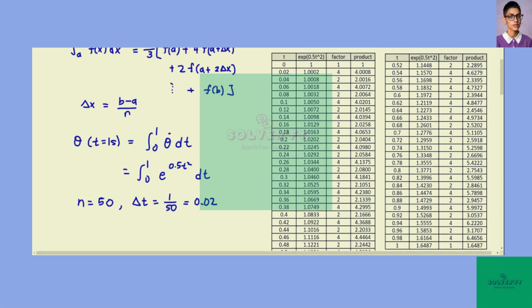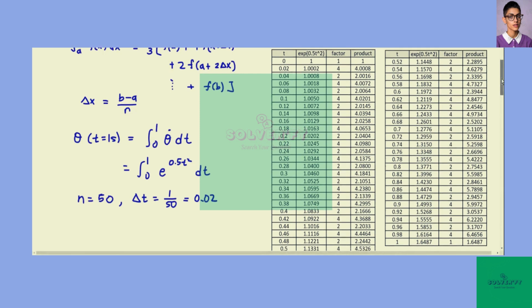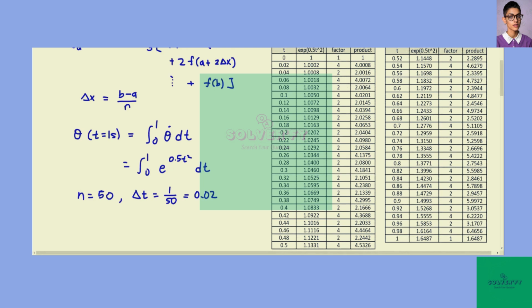I've made a table of the numbers from t equals 0 to 1 in steps of 0.02, including the factor, and then multiplied the function with the factor. Then you sum the last column on both tables and multiply by delta t over 3.